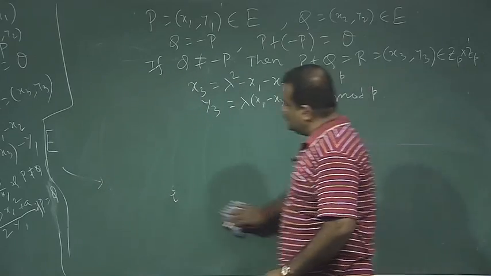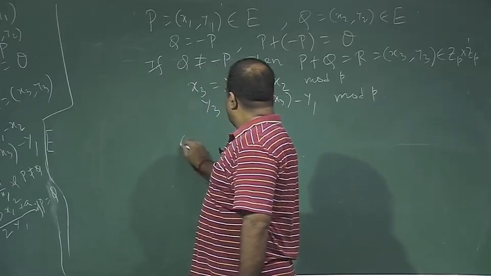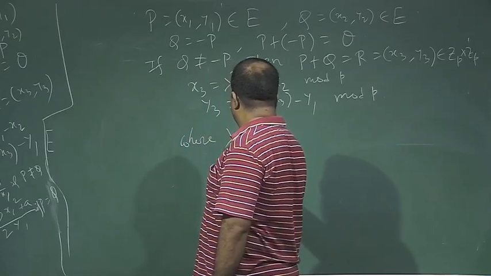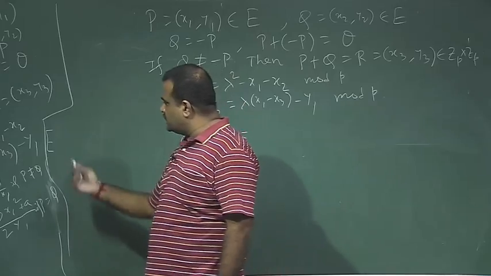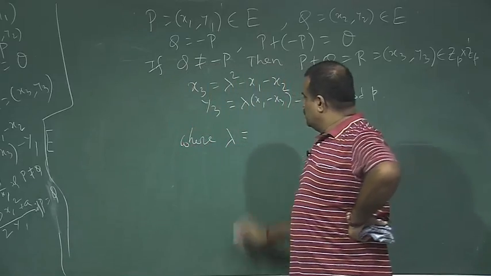the slope, but here the points are from Zp.